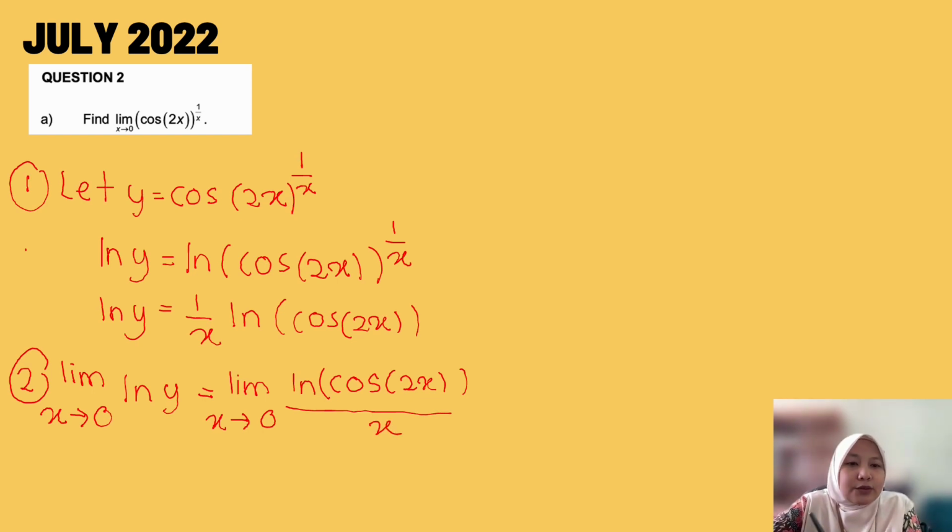So when we substitute our limit here, x approach to 0, inside of this function, we will get 0 over 0. So we can apply L'Hopital's rule to solve this limit.